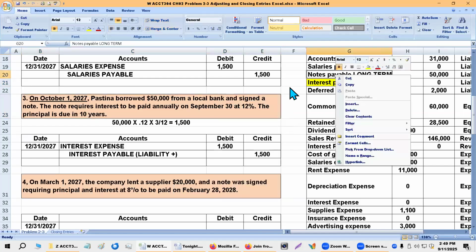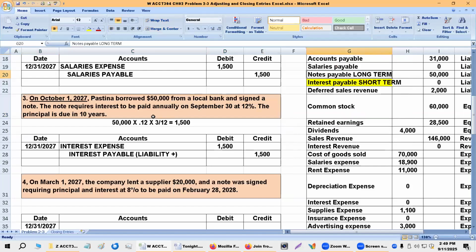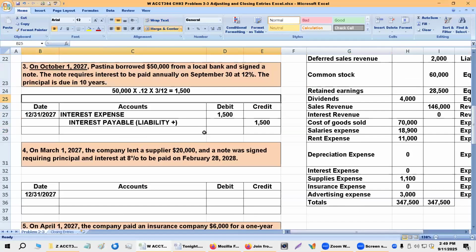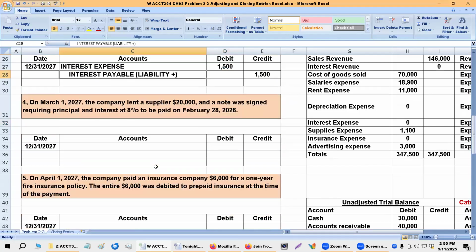Whereas the note itself won't be paid off until 2038. Yeah, and again, the short-term liabilities, you generally want to make them as specific as possible. However, in reality, a lot of times they just get bunched together anyways.